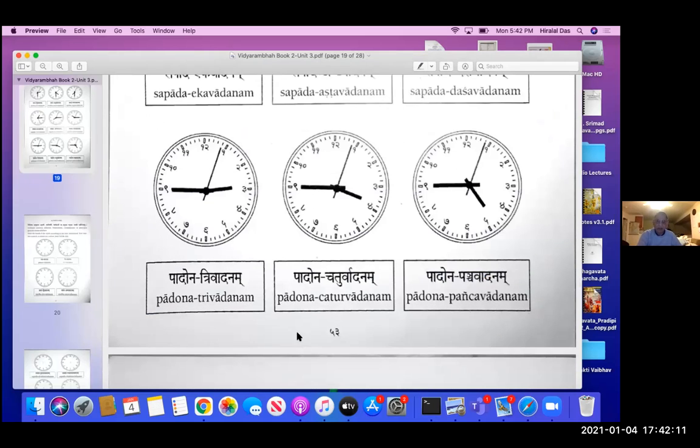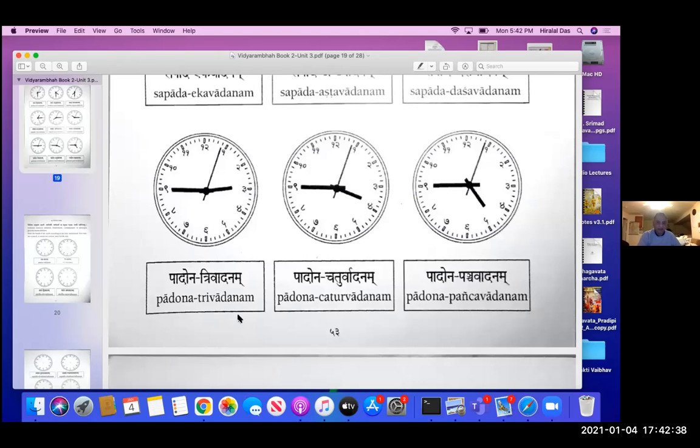For example, Padona Trivadanam means in English we would say 2:45, right? Yes. But in Sanskrit, because un means less, it is 15 minutes less than 3. That's why Trivadanam. If you say Dvivadanam, then it would be here, you know.